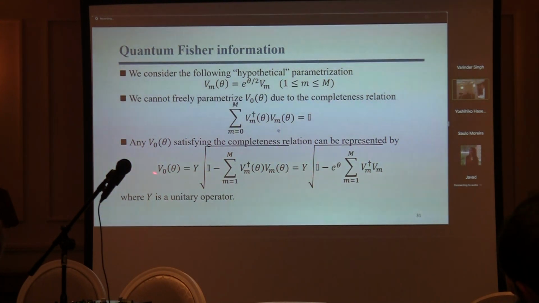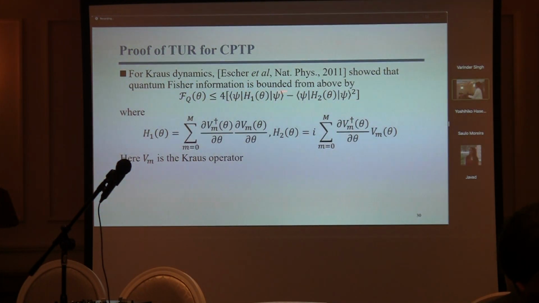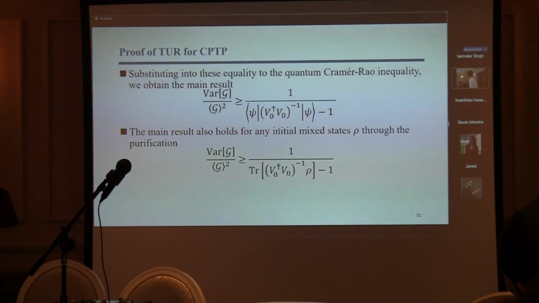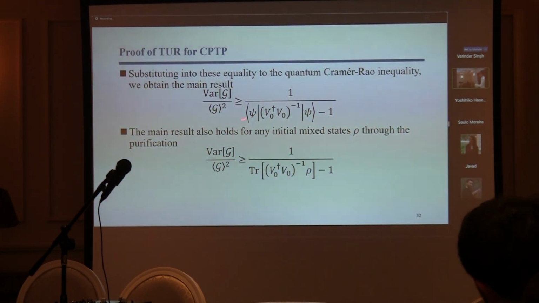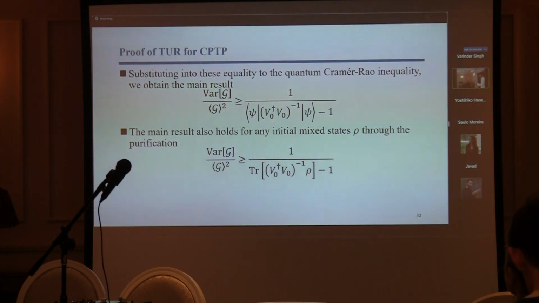V0 can be represented by this expression, and substituting this expression into this upper bound, we can obtain the CPTP TUR, this one. This derivation assumes an initially pure state, but it can be generalized to an initially mixed state through purification. So this is the final result.